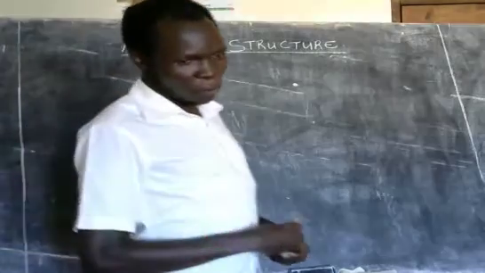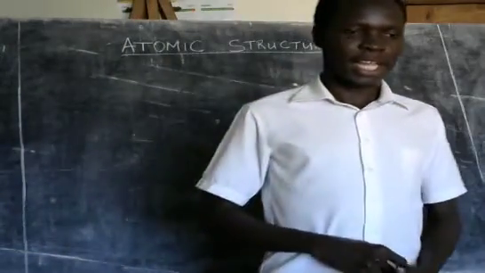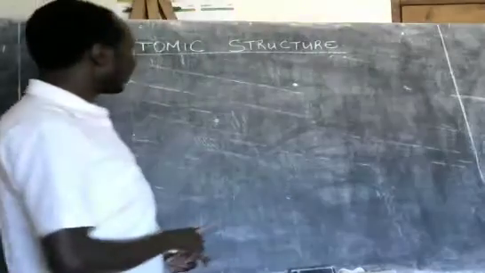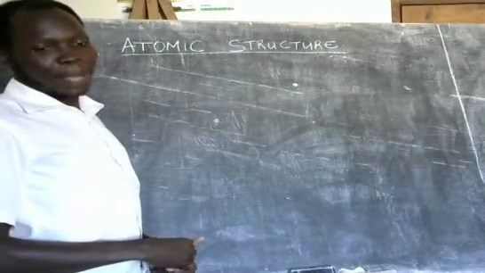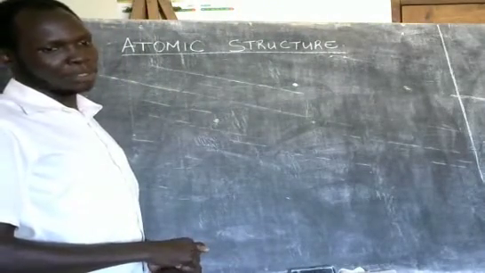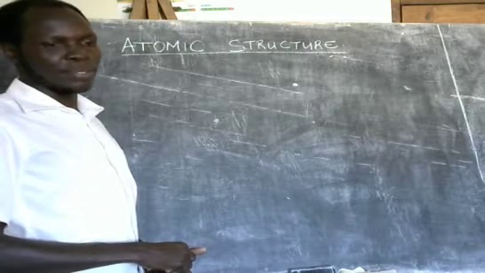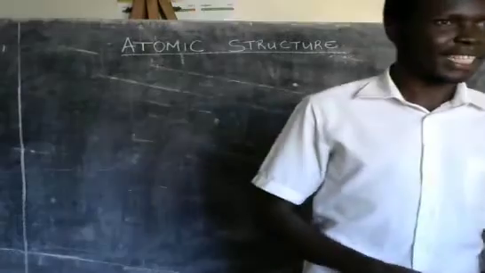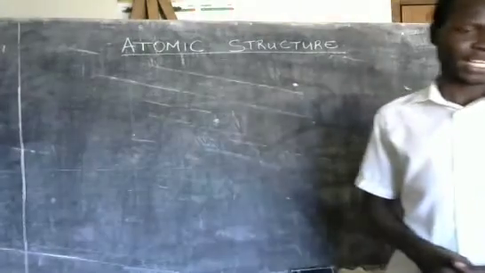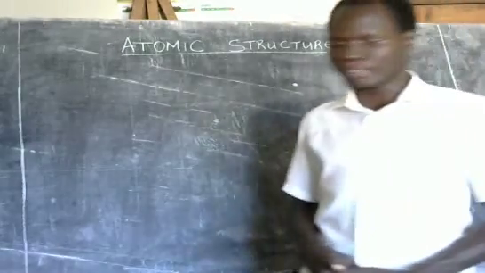Today we are going to look at the atomic structure. Matter comes from the atoms, and from the definition of matter, it's anything that has weight and occupies space.